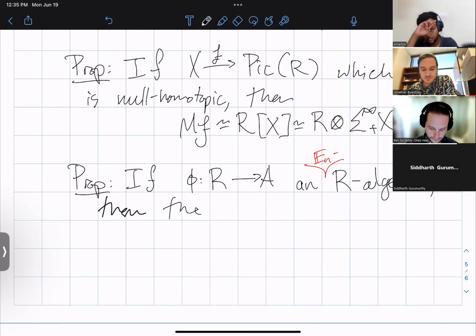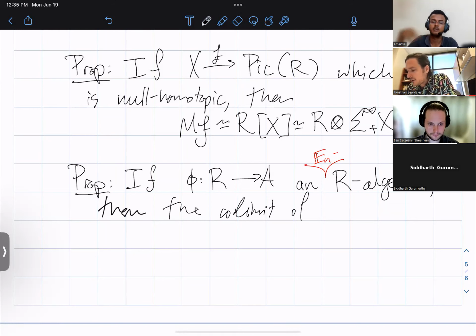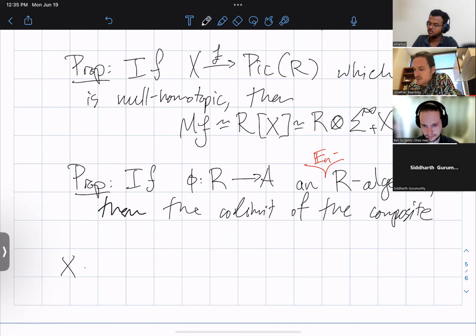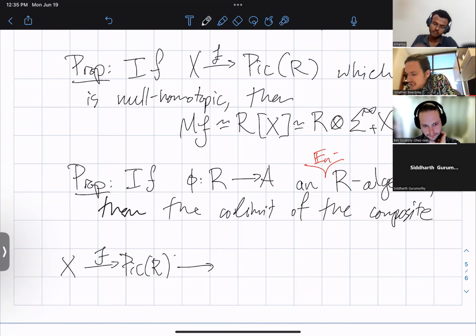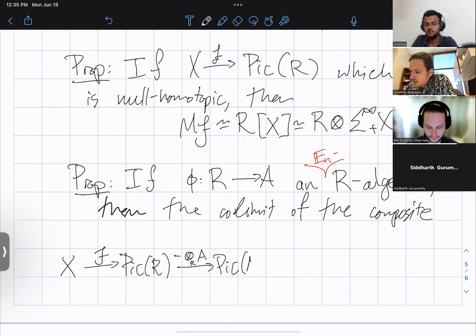Then the colimit of the composite. So I'm going to start from X. F is going to go to Pic R. You can tensor invertible R modules over R, you can base change them up to A. And this lands in Pic A.